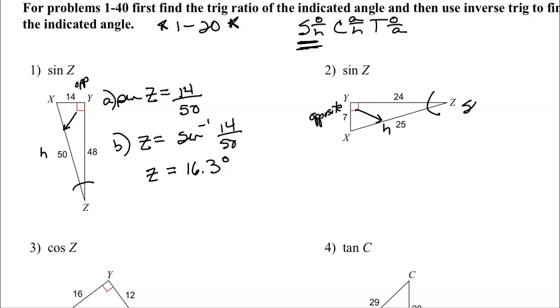So the sine of z equals 7 over 25. Opposite over hypotenuse. That's your ratio. The angle is going to be sine to the negative 1 of 7 over 25. And my angle ends up being, again, 16.3 degrees.